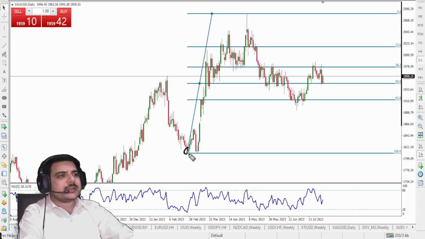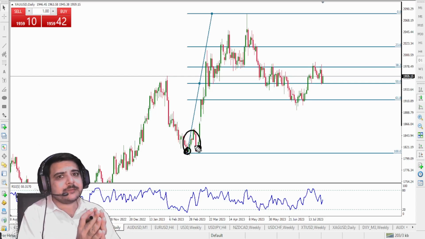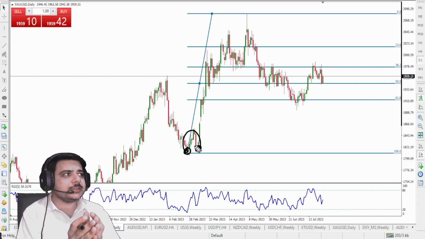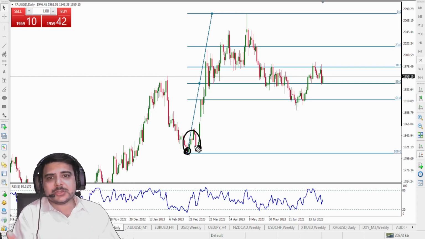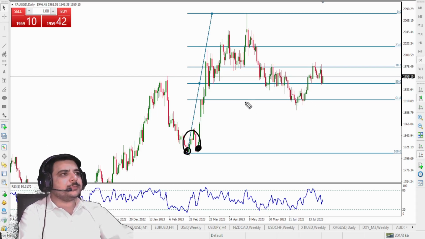We have got a nice bottom from right here, and my strategy suggests I have to see from where the fresh bulls and fresh bears entered the market. This is a bullish wave, and that's why I am considering it bullish all the way from here till there, then sell from there till 1911.